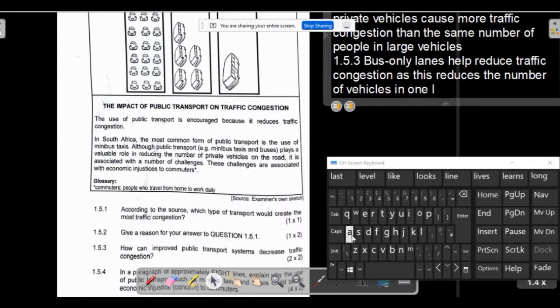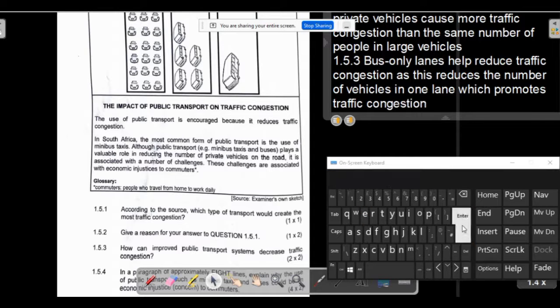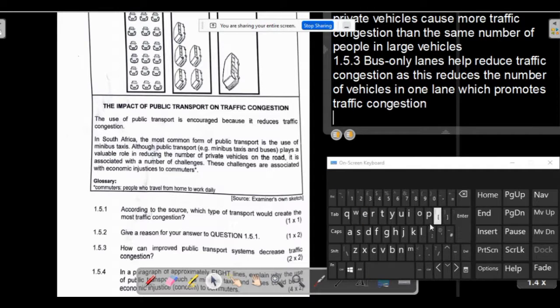It's even quite worse when it is in one lane, which promotes traffic congestion.